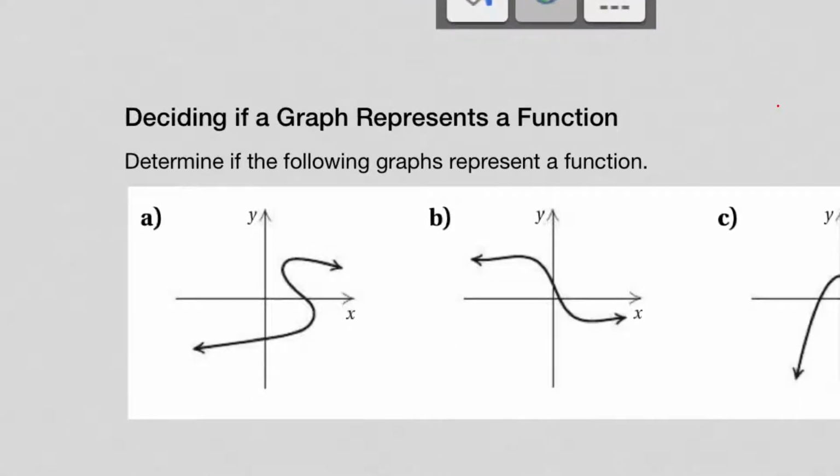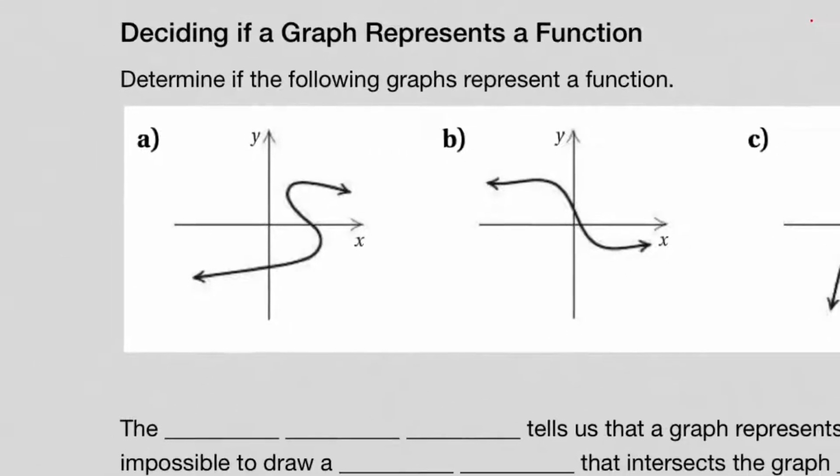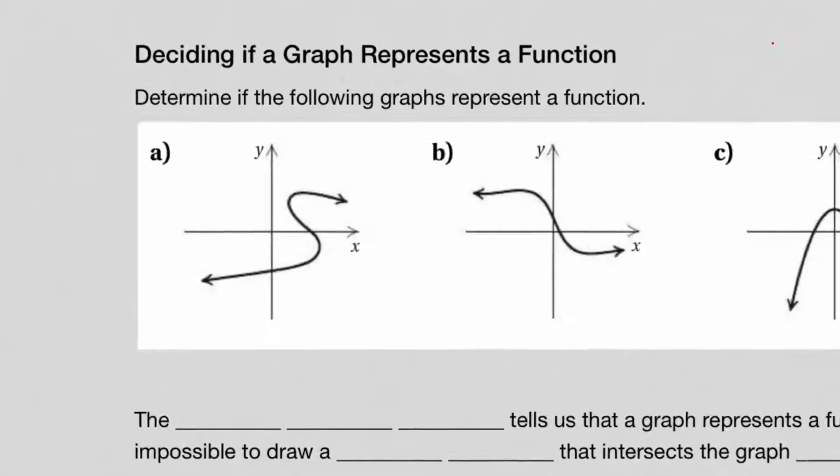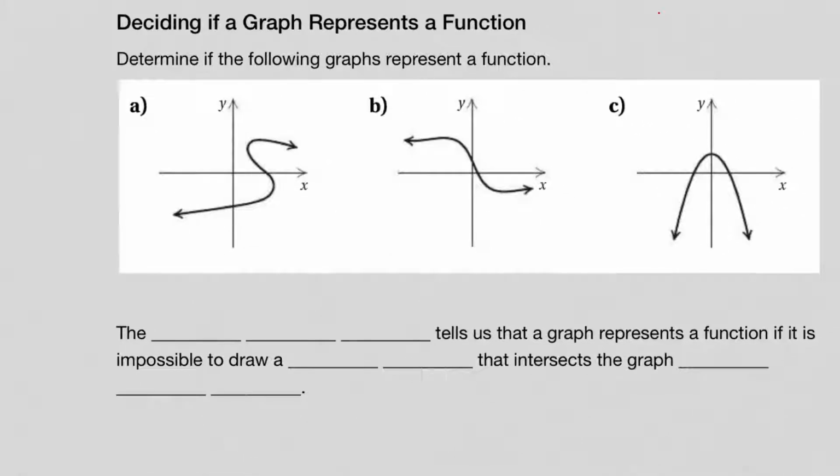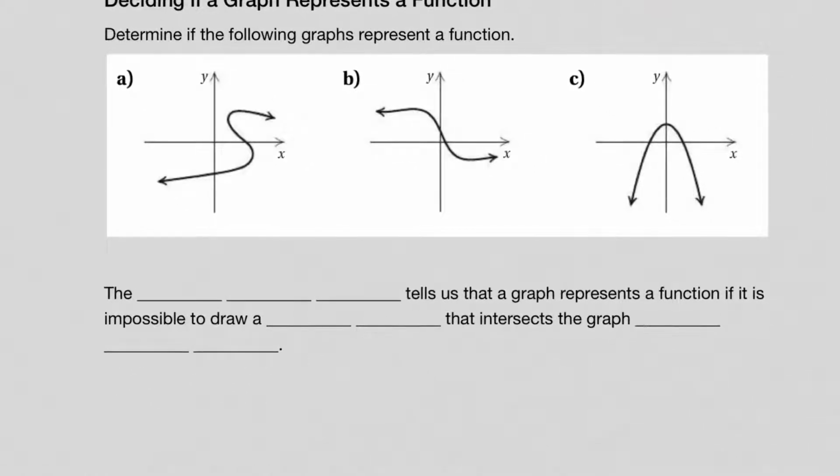Now, here's the last thing that we want to talk about, and that's called the vertical line test. Deciding if a graph represents a function: determine if the following graphs represent a function. So basically, we need to take a look at the vertical line test.